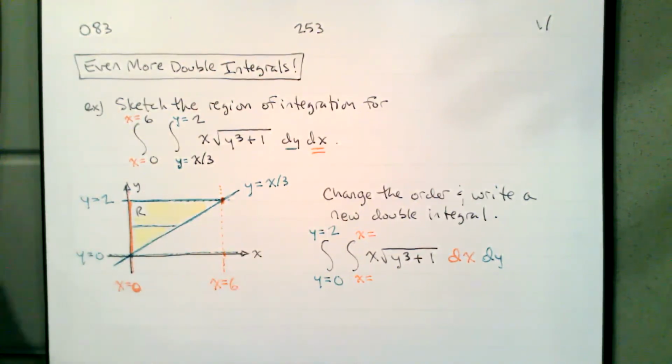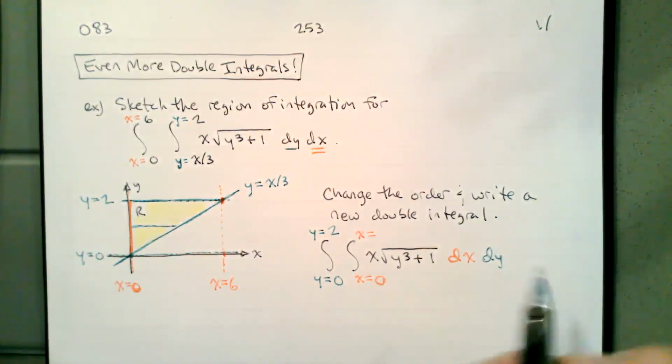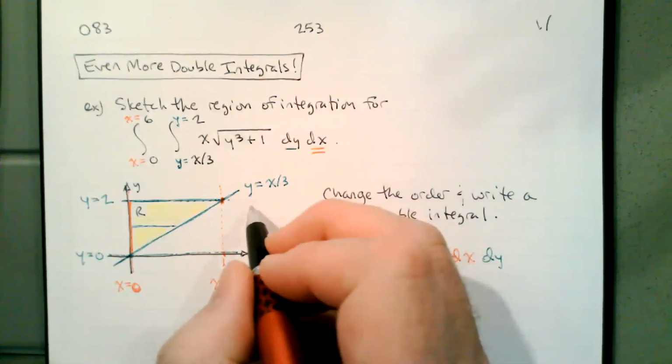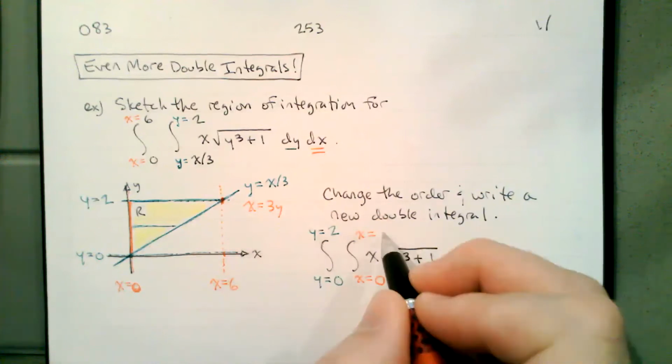So here, x starts off at 0. And I can't use y equals x over 3. I've got to turn that around for x. So I'm going to integrate to x equals 3y.